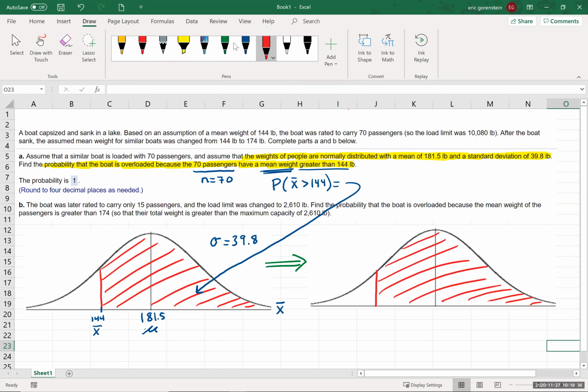But instead of these given values for the means, we have to convert those to z-scores. So standard normal distribution, which means we have to take this value of 144 and convert it to a z-score.